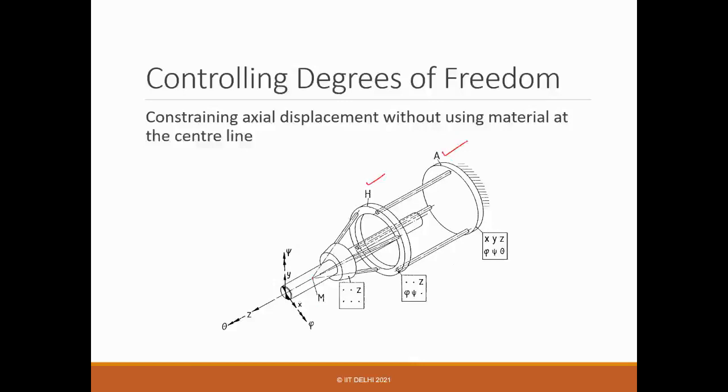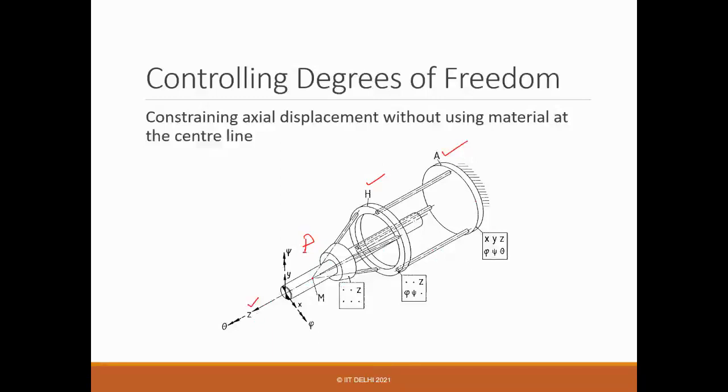You are talking about point M. Again, it's a serial connection, from A to H to, let's call it P. This is the object, the point of interest, and maybe you are talking about this Z translation only. This is the axial constraint you want along Z. All others you want constrained.